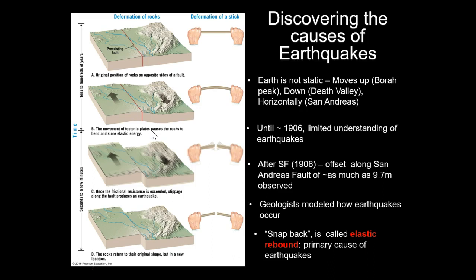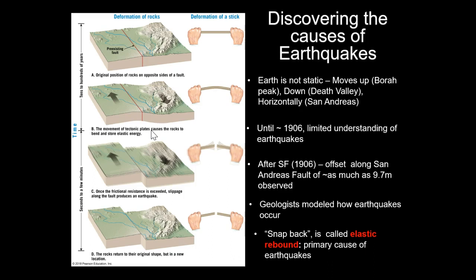Reid noticed that the horizontal surface displacement that came along with the 1906 earthquake was of many meters along the northern portion of the San Andreas Fault. In certain parts it was as large as 9.6 meters, which is about 32, 33 feet. So a very large displacement, horizontally speaking.